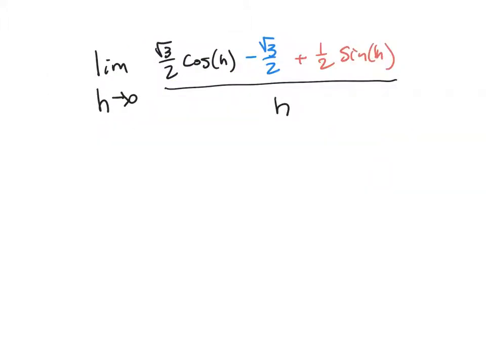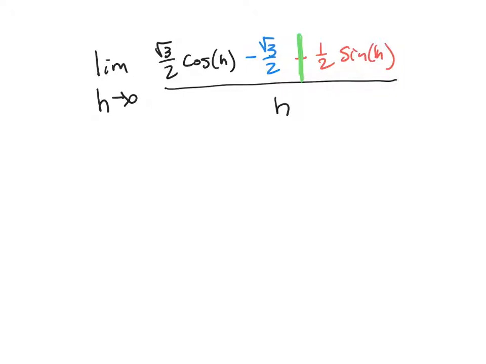So as you can see, I went ahead and switched the positions of those two terms. So I put the square root of 3 over 2 in blue because it moved into the middle position, and in red, the 1/2 sine of h, that's supposed to be an h on the end there, moved out to the end. And now what I'm going to do is separate this fraction. I'm going to separate on this plus sign right here, and make two fractions, and I'm allowed to do that.